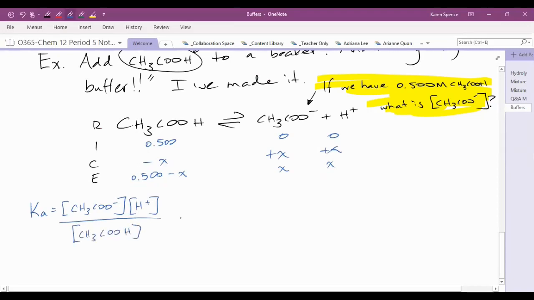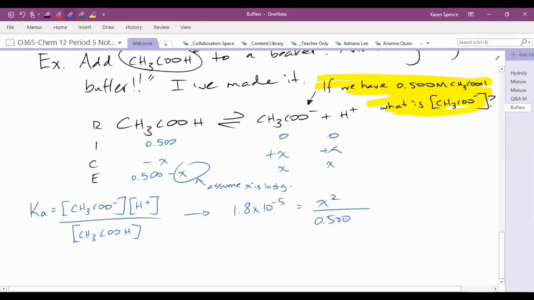Which is going to equal, in fact, I'm just going to rewrite the whole thing. 1.8 times 10 to the minus 5 is the value of Ka, and then we have x squared over 0.5, assuming x is insignificant.